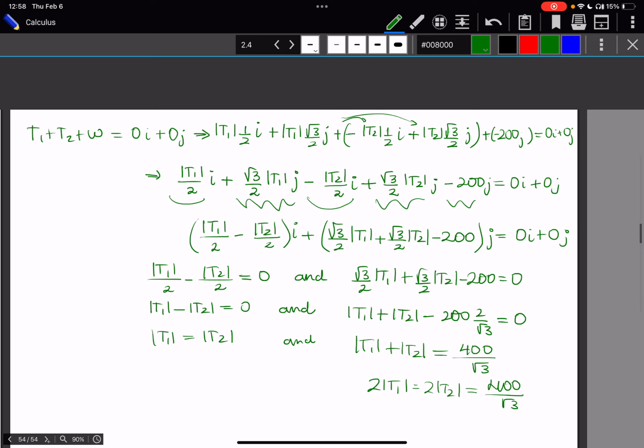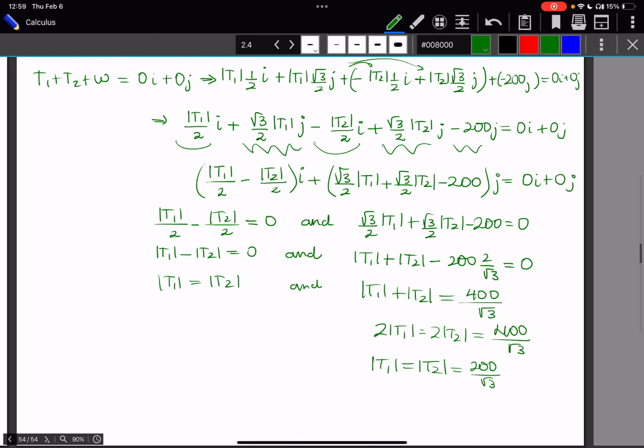And then we divide both sides of the equation by 2, and we end up with magnitude of T1 equals magnitude of T2 equals 400 divided by 2, which gives us 200 over root of 3. This 200 over root of 3 is part of our answer because we want to find the magnitudes of the tensions. Those tensions have this magnitude, 200 over root of 3.